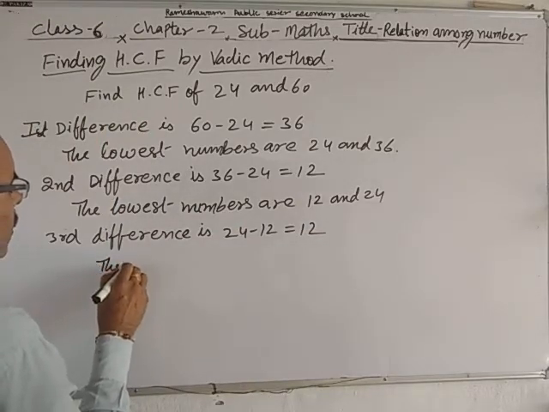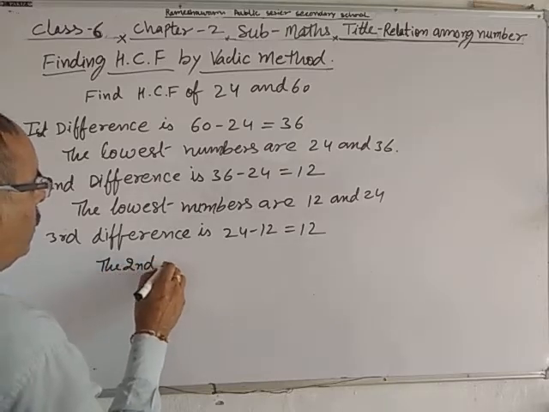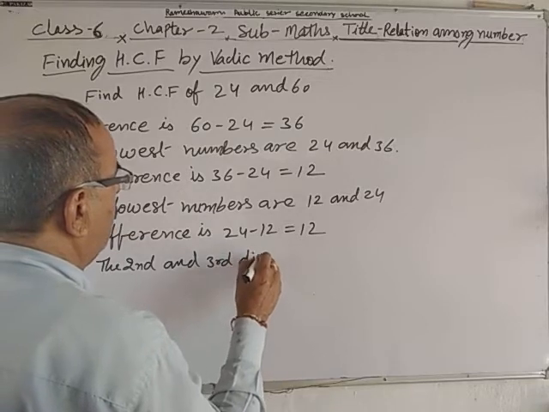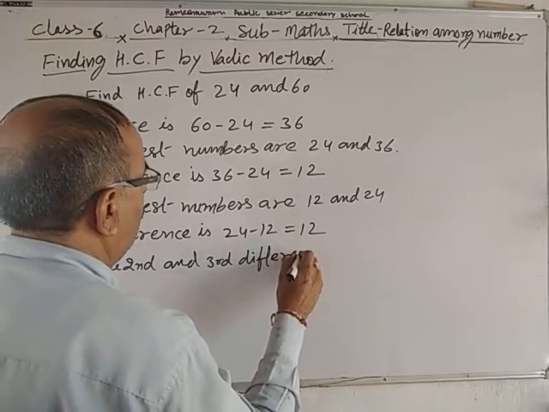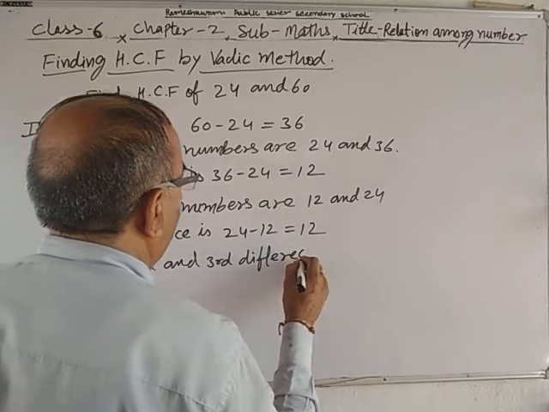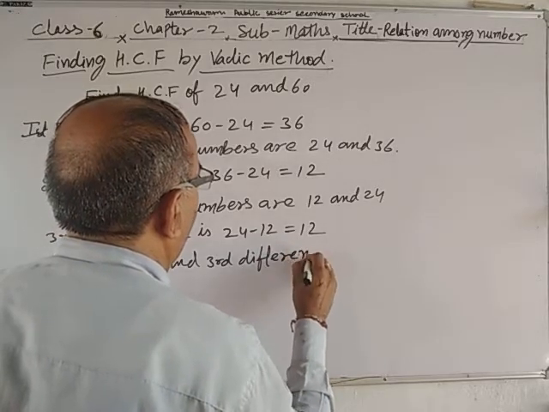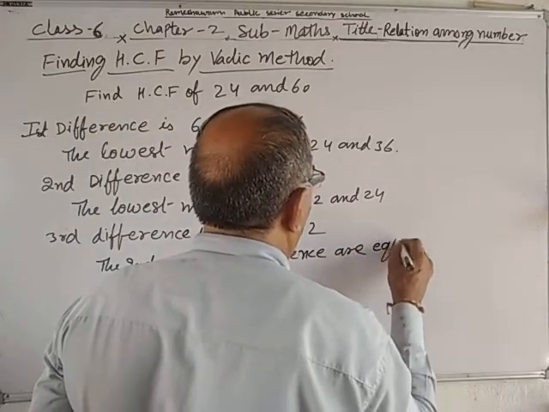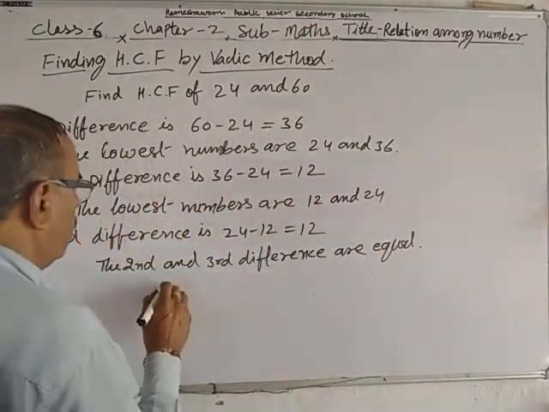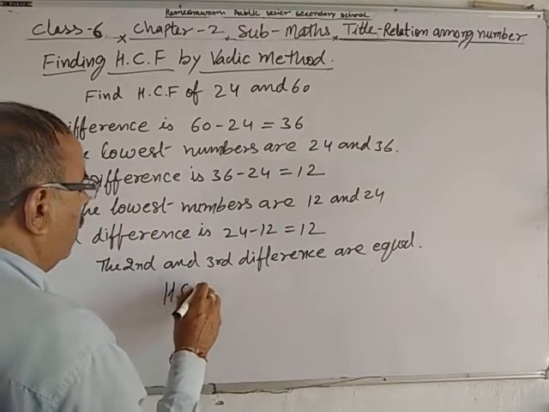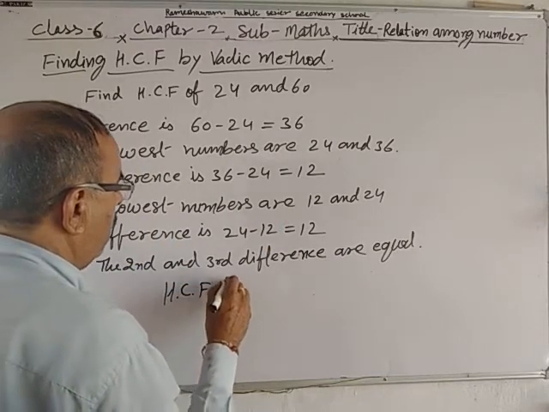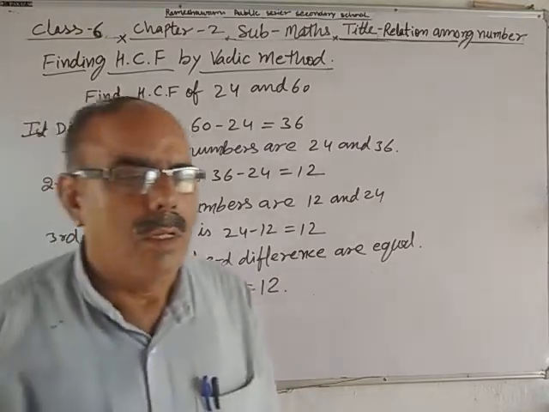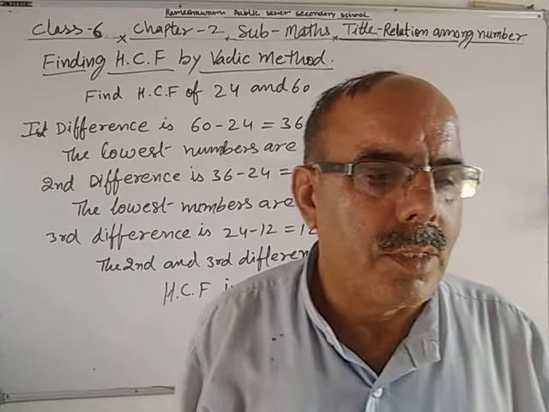The second and third differences are equal. That is the HCF here, 12. This is the Vedic mathematics.